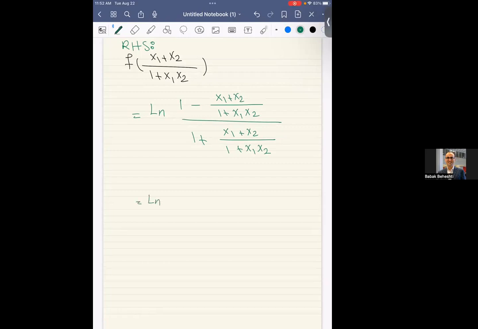So you get on the top 1 plus x1 x2 minus x1 minus x2, divided by 1 plus x1 x2 plus x1 plus x2.